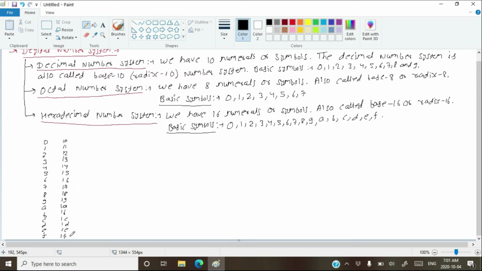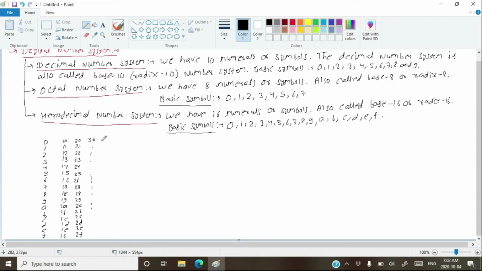That means when you reach 1F, you are done with all the countings starting with 1. So you start your counting with 2 now. 20, 21, 22, 23, 24, 25, 26, 27, 28, 29, 2A, 2B, 2C, 2D, 2E, 2F. After reaching 2F, you continue the counting from 30, and that's how you will keep on counting.